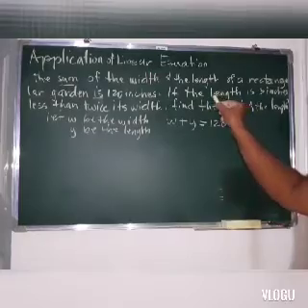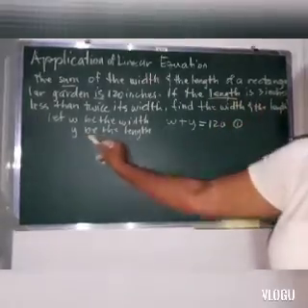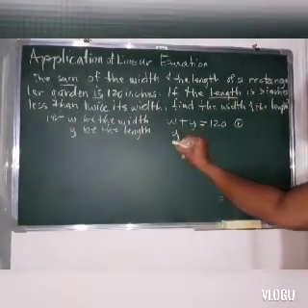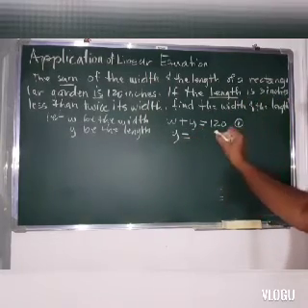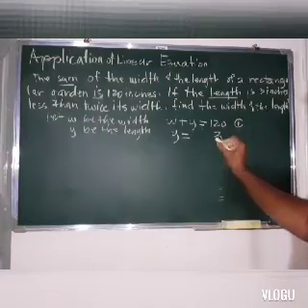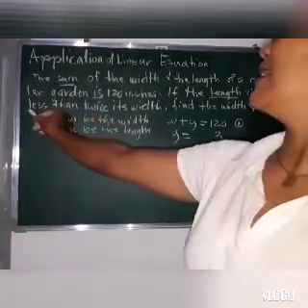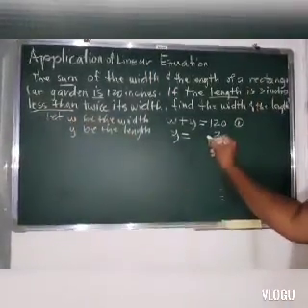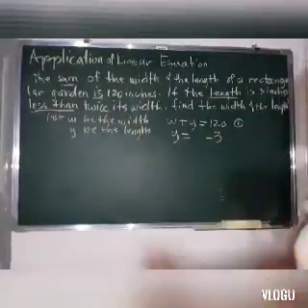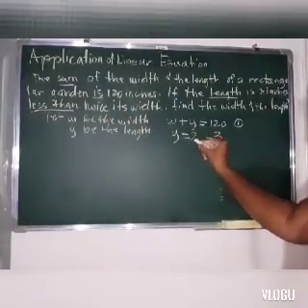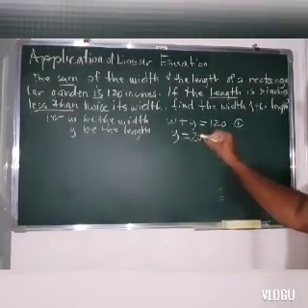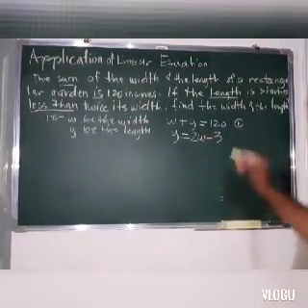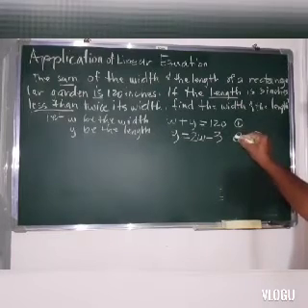If the length, okay, the length is y. So if the length is 3 inches, less than means minus, twice means 2 times, its width. Our width is W, so 2 times width is equal to 2W. So this is our equation number 2.